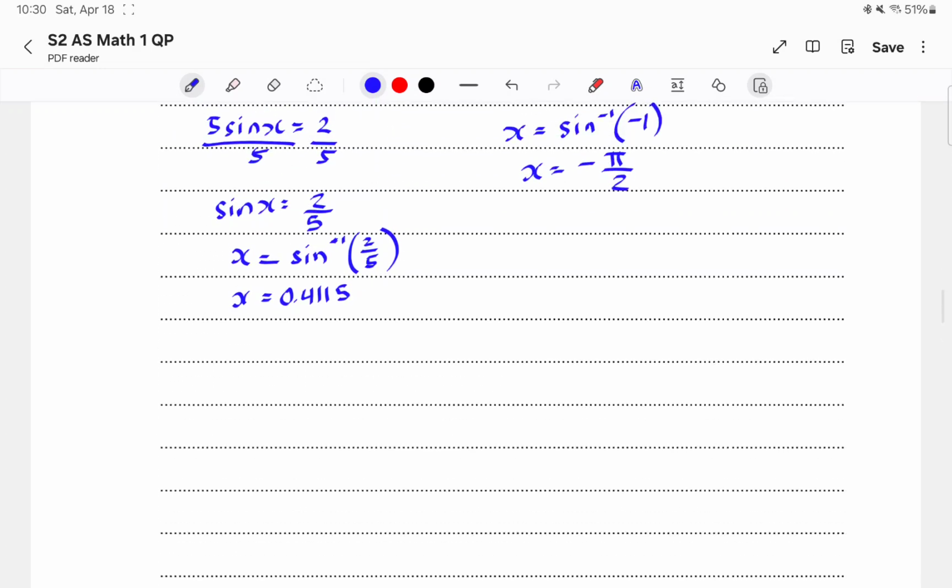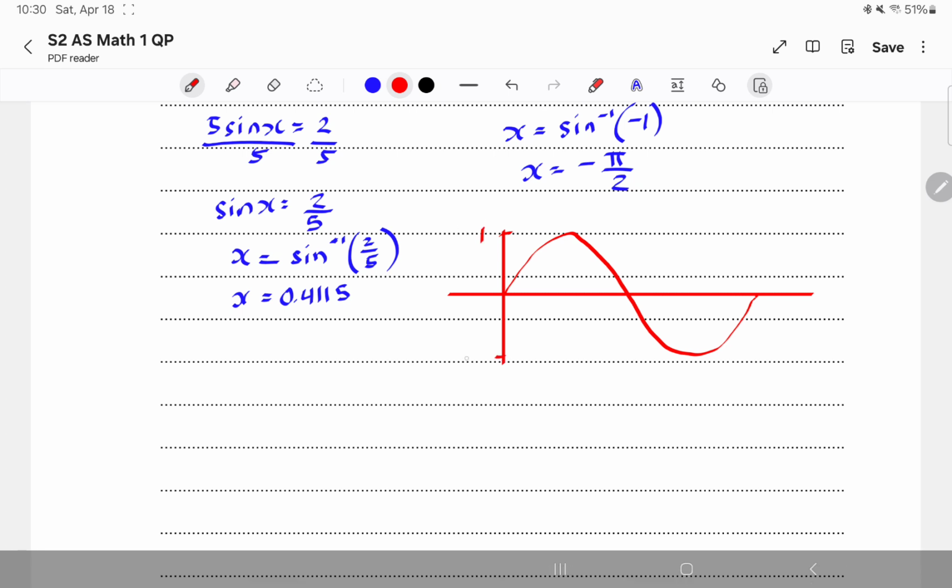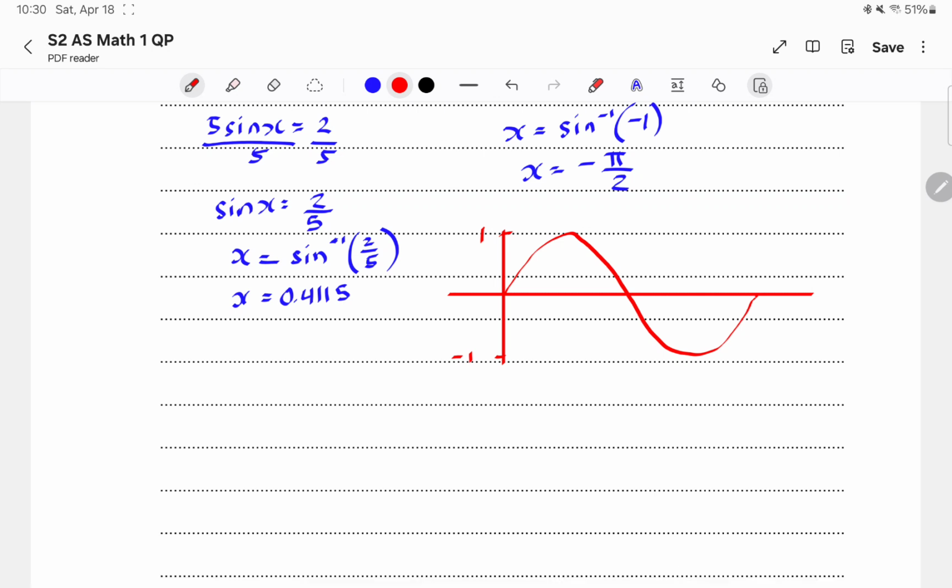Let me draw the sine graph, just to help you imagine this better. Let's say this is the sine graph. Our amplitude goes from positive 1 to negative 1. 2/5 is about 0.4, so it's somewhere here.